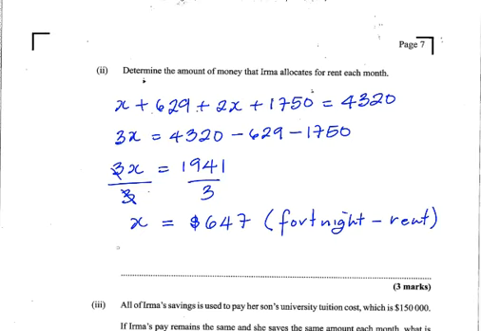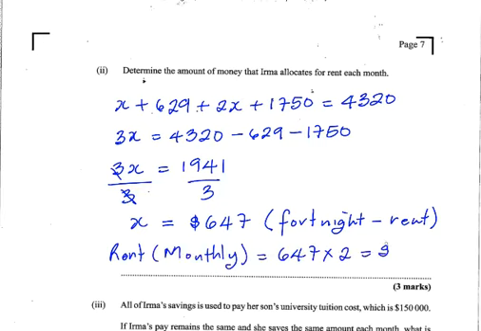So the monthly rent allocation would be 647 multiplied by 2, which is $1,294.